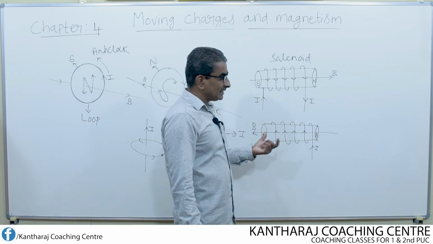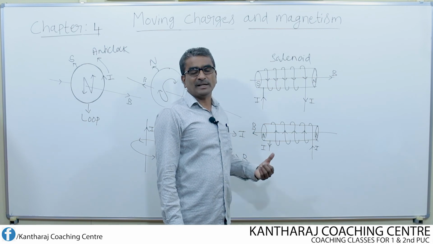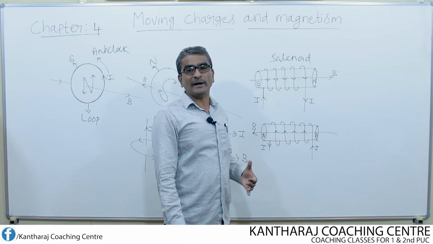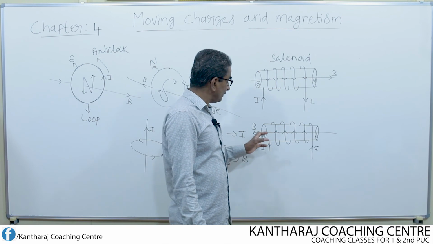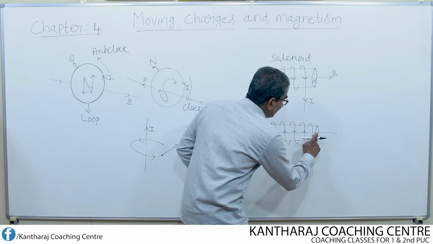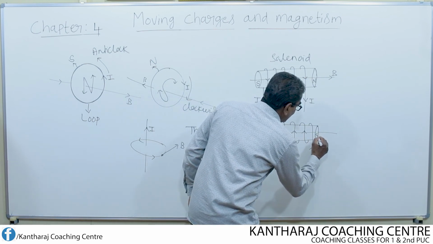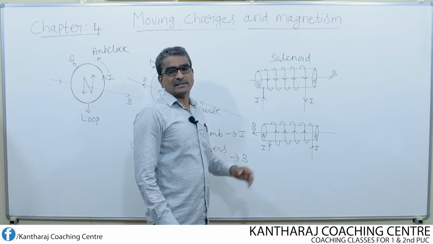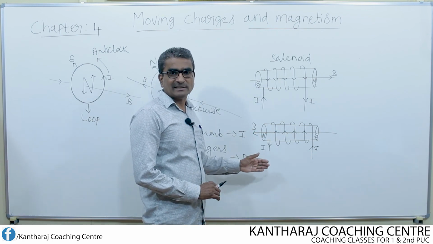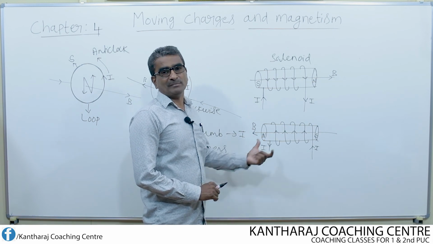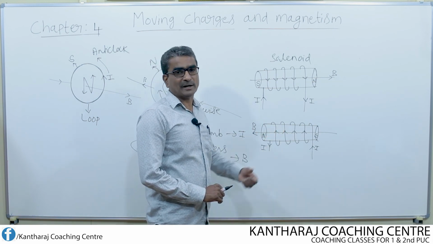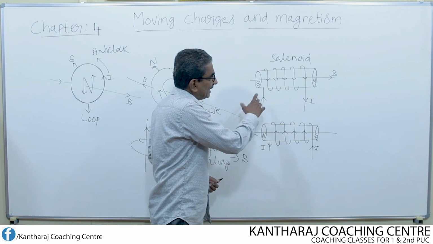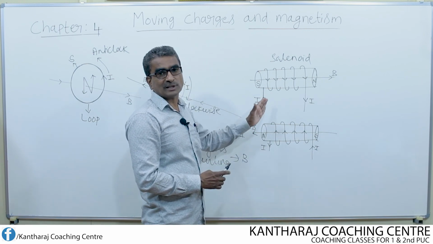Therefore, a current carrying solenoid can be considered as equivalent to a bar magnet with how many poles? Two poles, north and south. So current should flow. Then only the solenoid which carries the current can behave like a bar magnet. So this is what we can understand, and this is how the rules are applied.